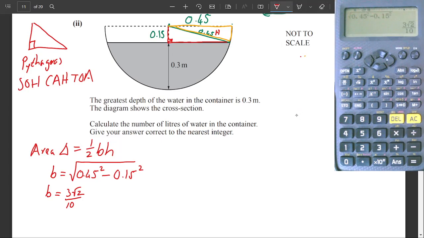Let's put it in there. Excellent. So the area of that triangle is half all this jazz we just got. Make sure we copy it right. Times the perpendicular height, which is 0.15. Let's put that in.